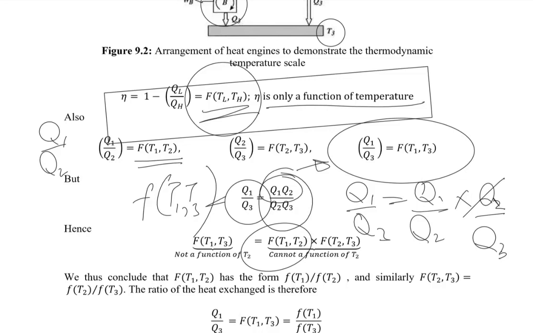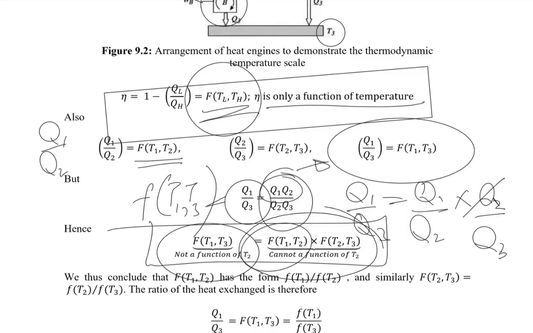But mathematically, this cannot be correct. If your left hand side is a function of two variables, your right hand side cannot be a function of three variables. So the right hand side can only be a function of T1 and T3 and cannot be a function of T2.